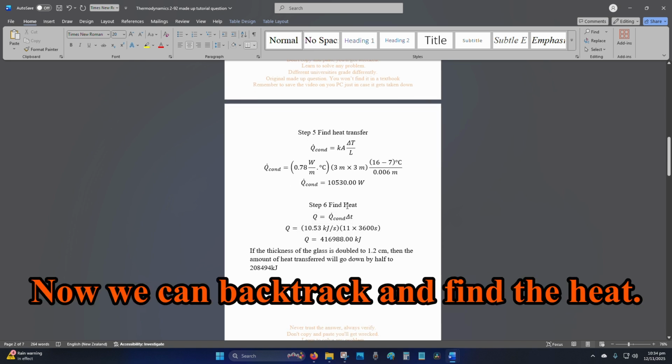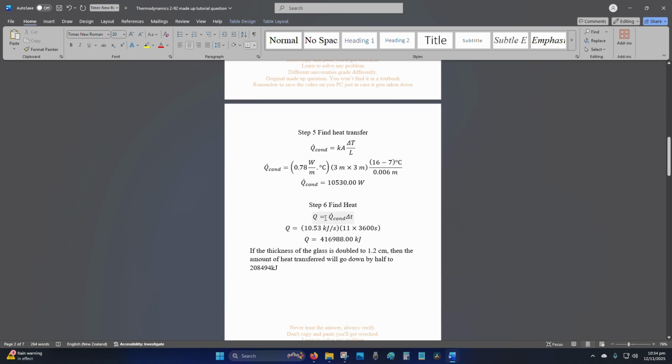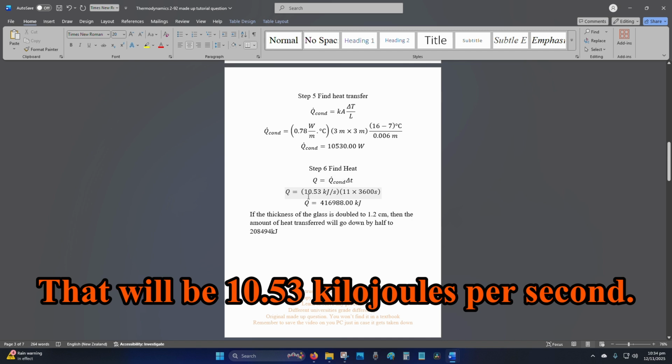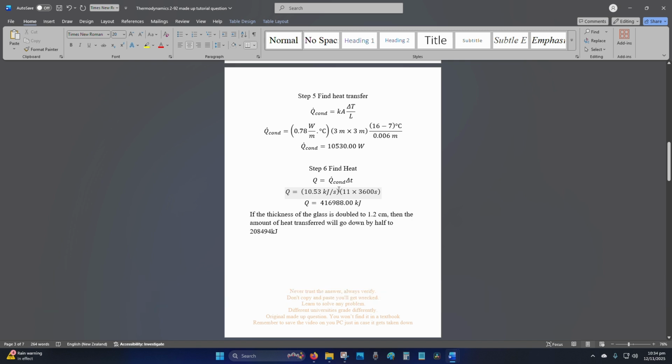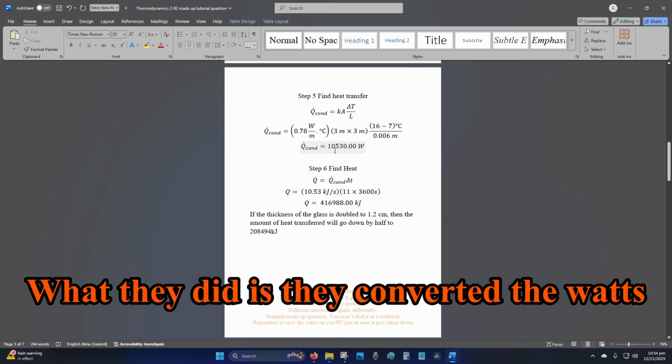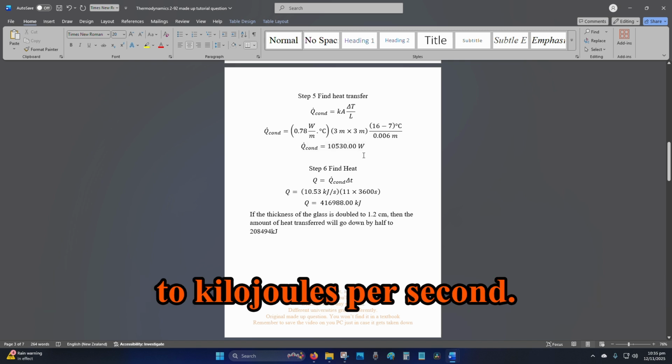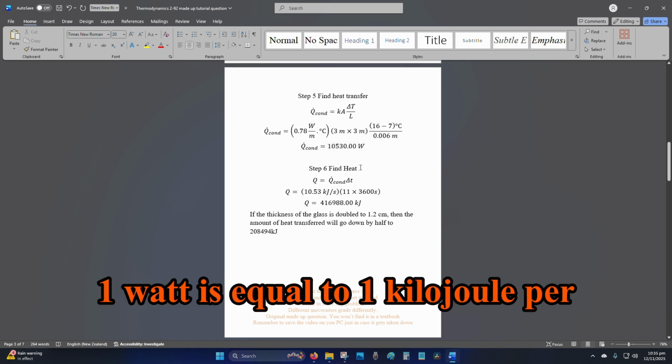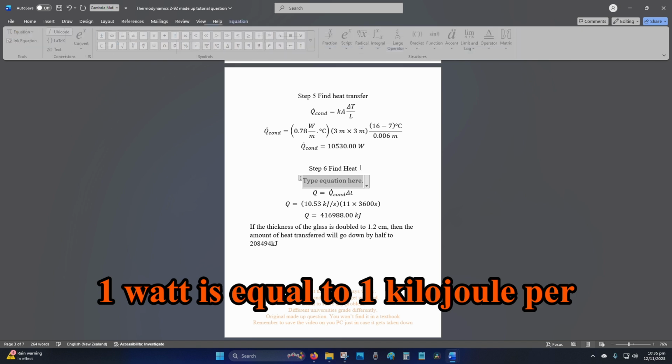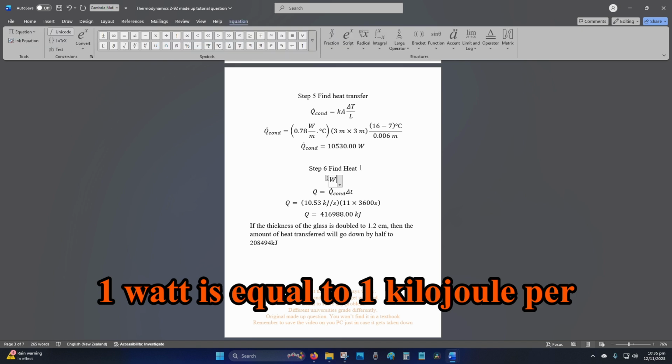So now we can backtrack and find the heat. So that will be 10.53 kilojoules per second. So what they did is they converted the watts to kilojoules per second. So 1 watt is equal to 1 kilojoule per second.